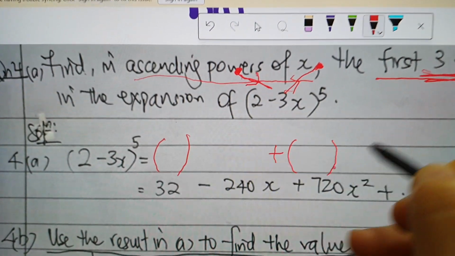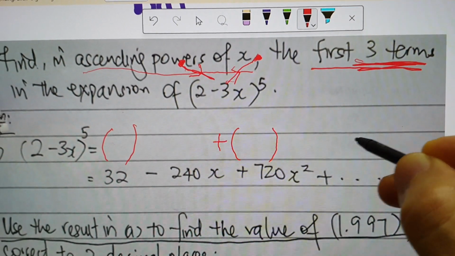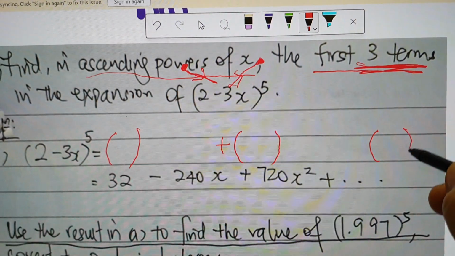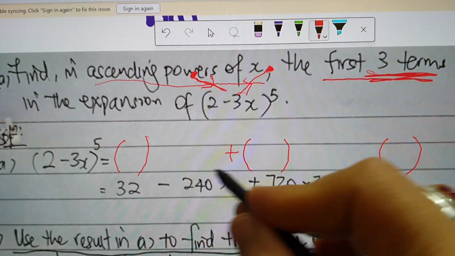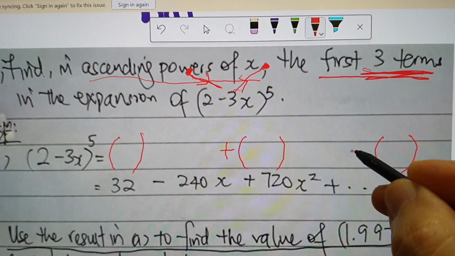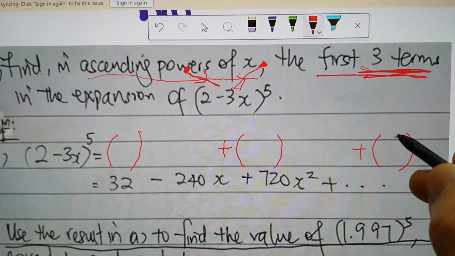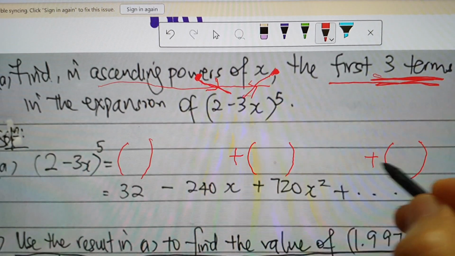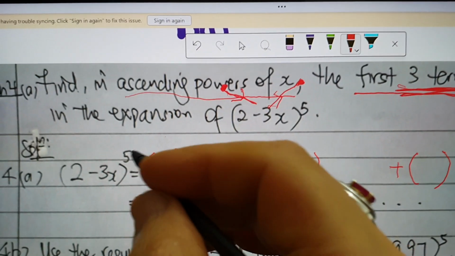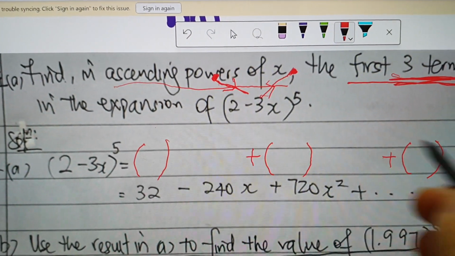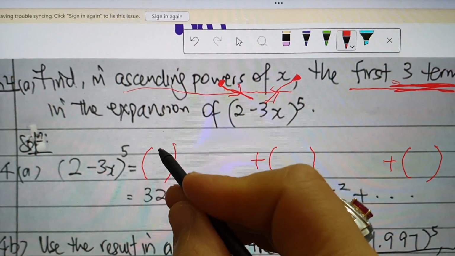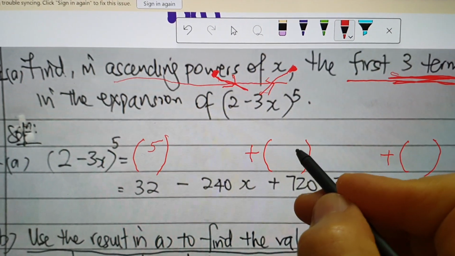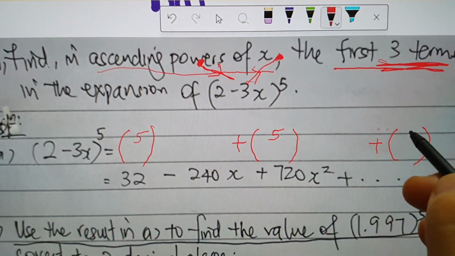If you don't write the plus and you just write the bracket, later you think that everything is all multiplied together. So remember, when you use this method, you must always write the plus first. Of course the first one, no need. Then what do you write inside the bracket? You write 5, all these are 5.